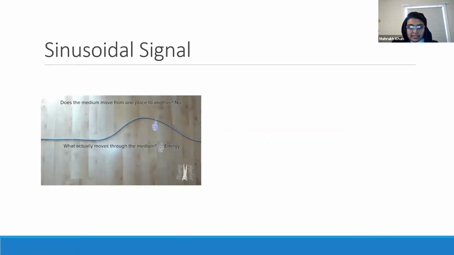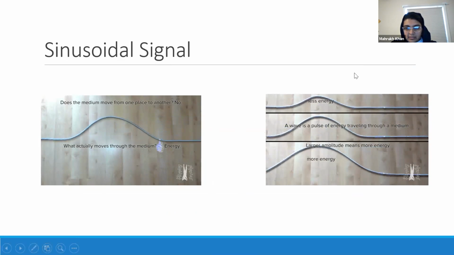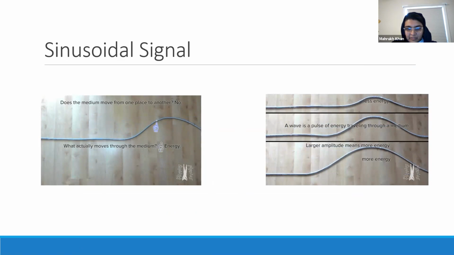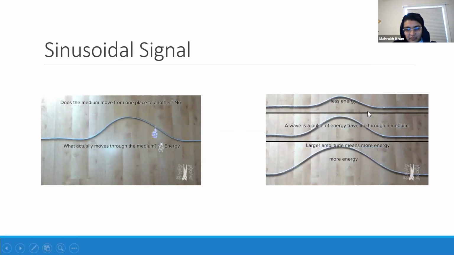So if you see, this is a sinusoidal signal in which your particle moves from one place to another, and it is actually transferring its energy. And the difference happens when there is less amplitude, less energy will be transferred.